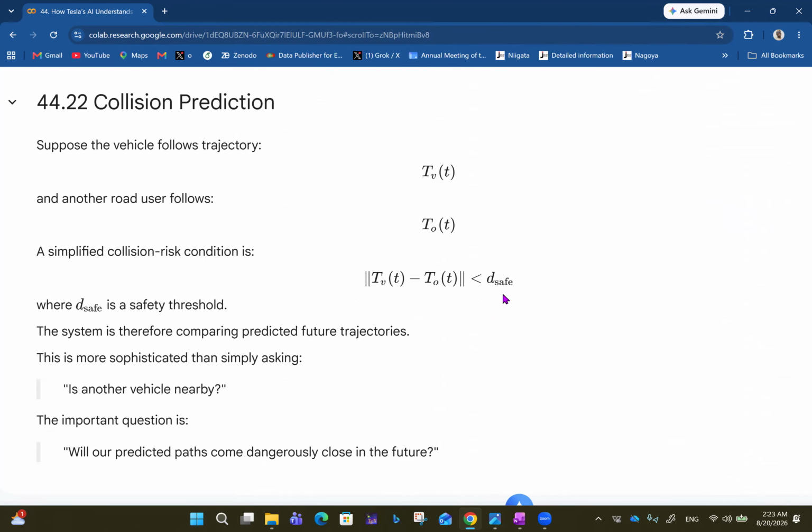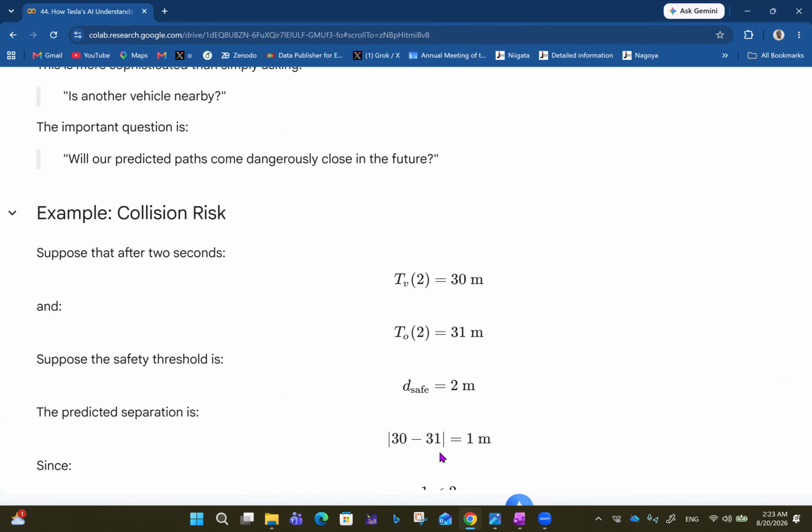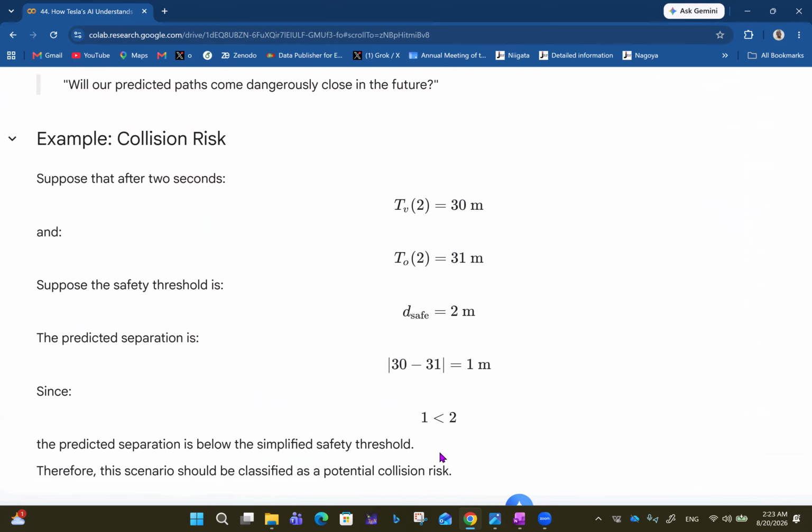In normal driving, there's a distance you should maintain between the vehicles in front of you and all of that. So the distance is comparing predicted future trajectories. This is more sophisticated than simply asking, is another vehicle nearby? The important question is, will our predicted paths come dangerously close in the future? So you want to give the necessary space for other vehicles to avoid any collision risk.